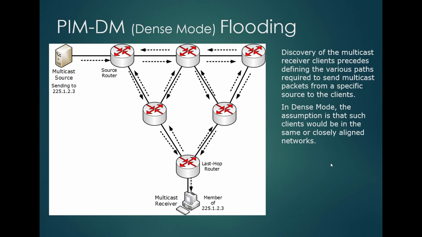Here they're showing an example where you're going through multiple networks. You can see the multicast receiver clients discovering the various paths required to send a multicast packet from a specific source to a client. Dense mode assumes the client would be in the same or a close adjacent network. With multicast, you may not be on the same subnet.